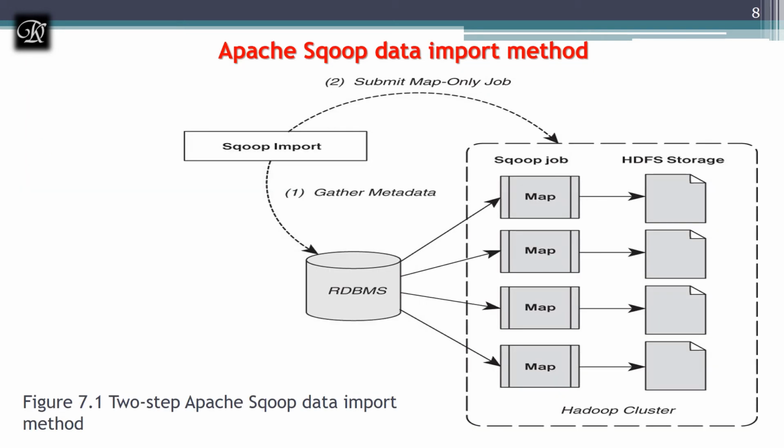Now we will see how this Sqoop is going to acquire the data from the RDBMS. So this is the RDBMS, and first we are going to import the data. Next we are going to export the data. As we are aware, Sqoop is the one tool designed to transfer data between Hadoop and the RDBMS, and RDBMS and Hadoop, vice versa.